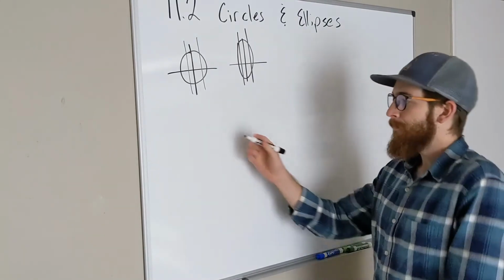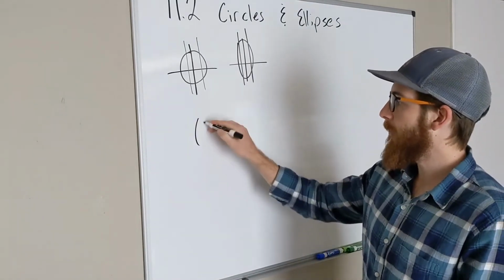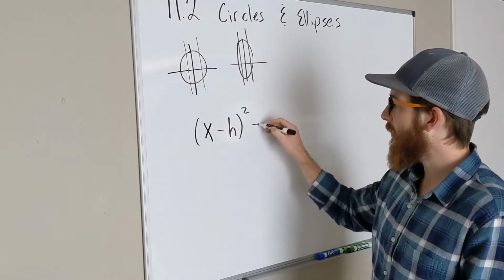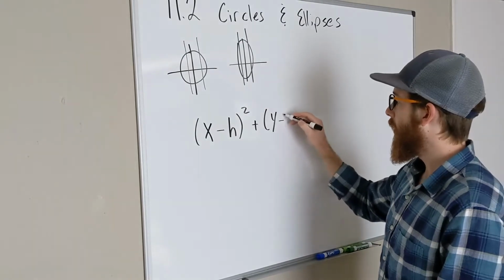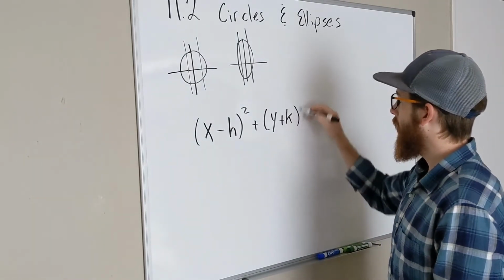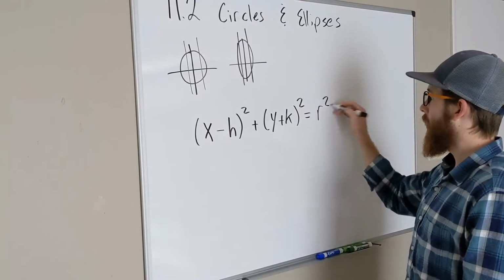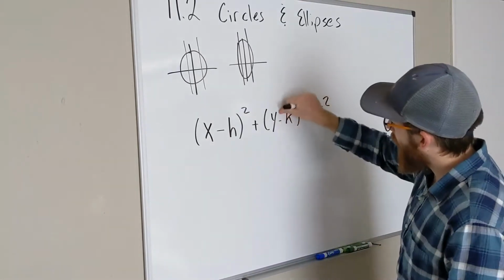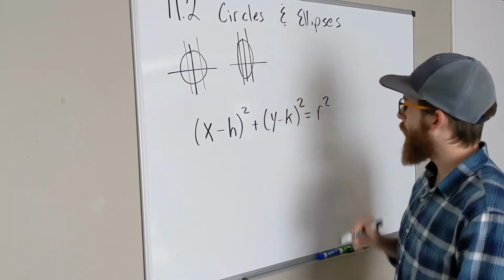So for example, the base form for a circle looks like this. Okay, and let me just double check. Yeah, I thought that might be the case. Both subtract.